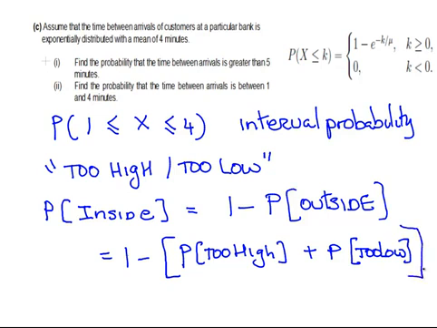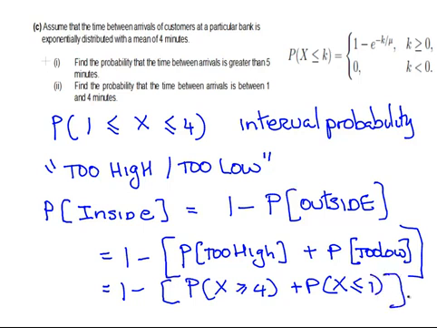It's a very simple but perfectly logically robust way of doing things. So what's the probability of being too high? Here it is 4 minutes, x greater than or equal to 4, and the probability of being too low is x less than or equal to 1. So what we have to do here is calculate both of these, add them together, and subtract from 1.